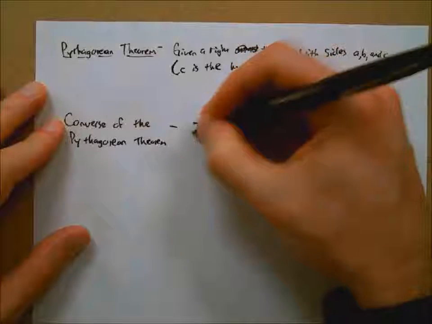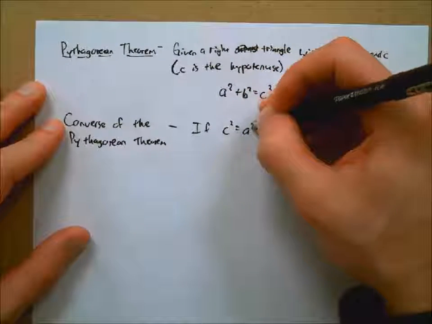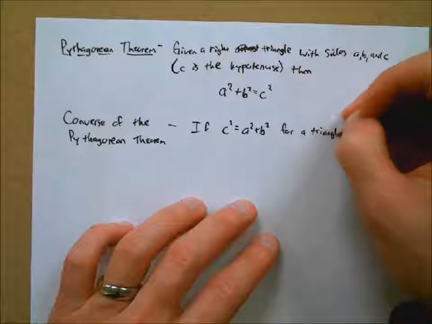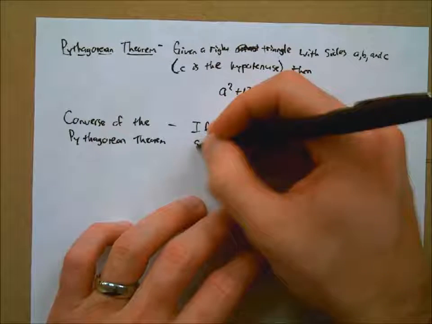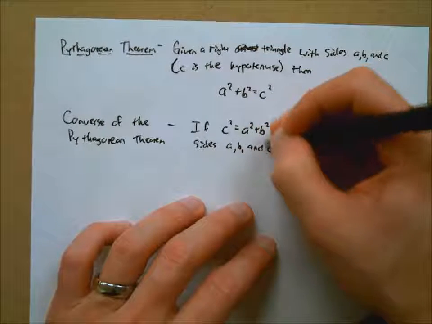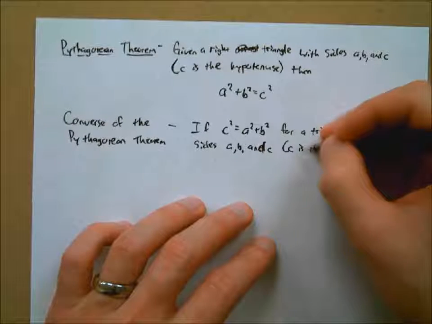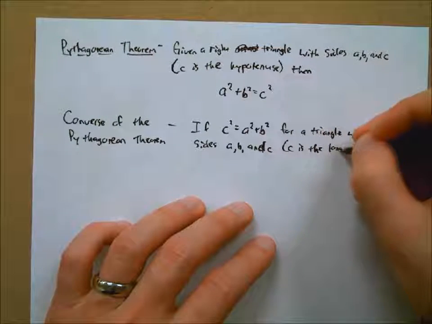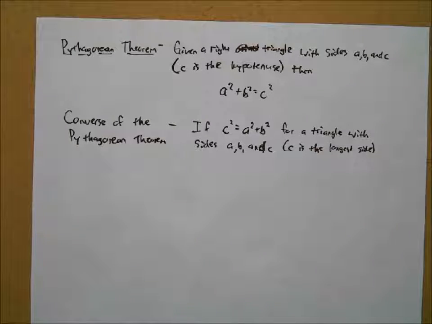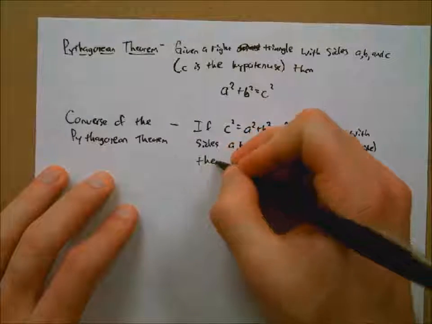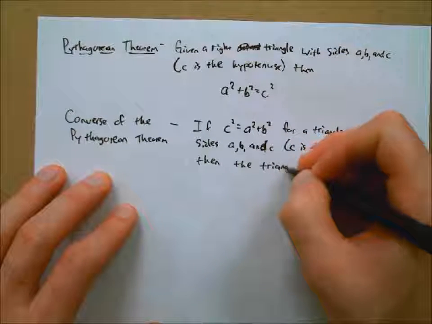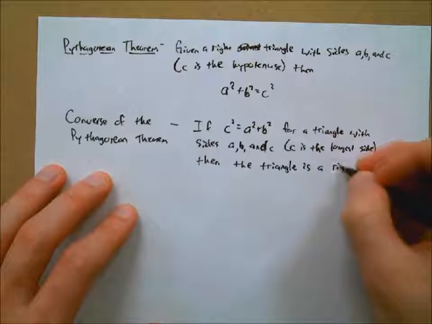If C squared equals A squared plus B squared for a triangle with sides A, B, and C, where C is the longest side, then the triangle is a right triangle.